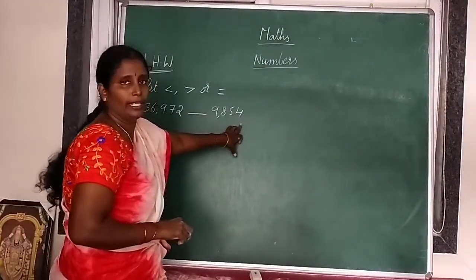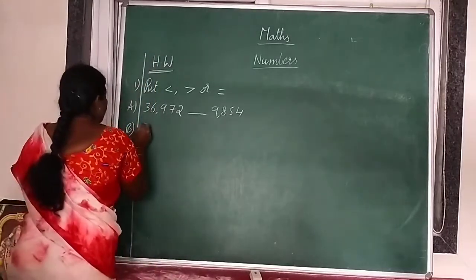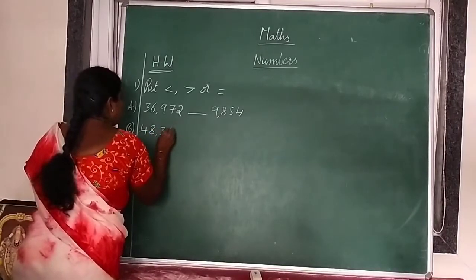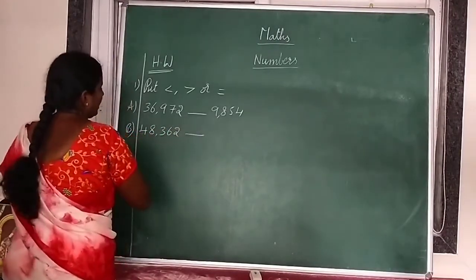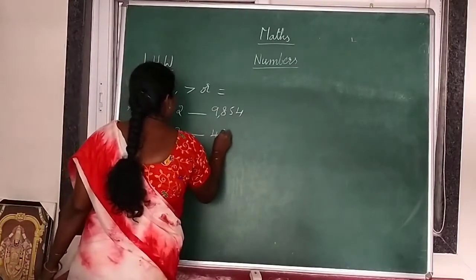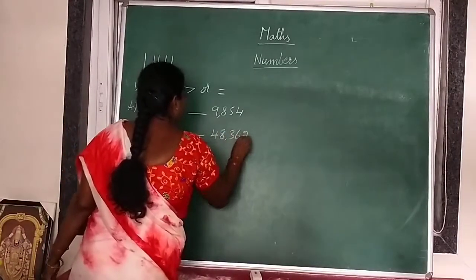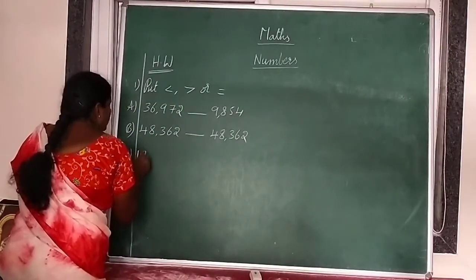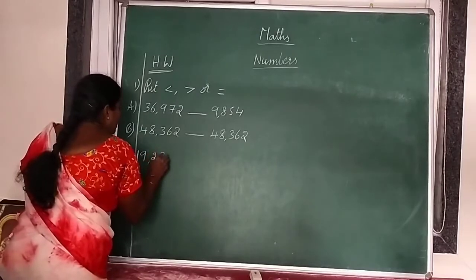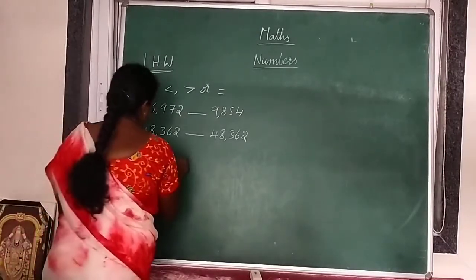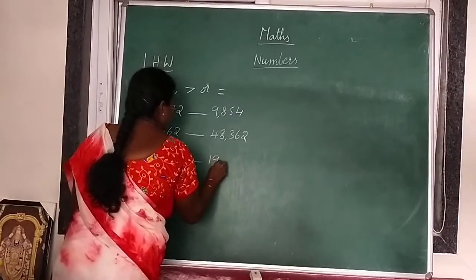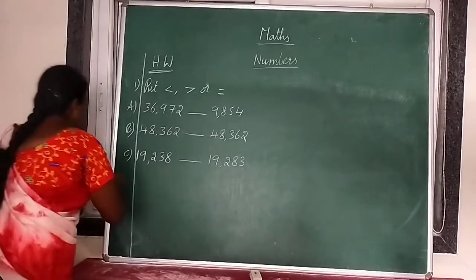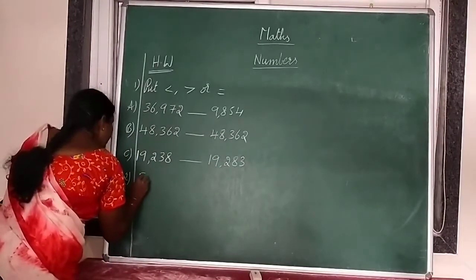And 9,854. Next. 48,362. 48,362. Next. 19,238. 19,283. Okay.